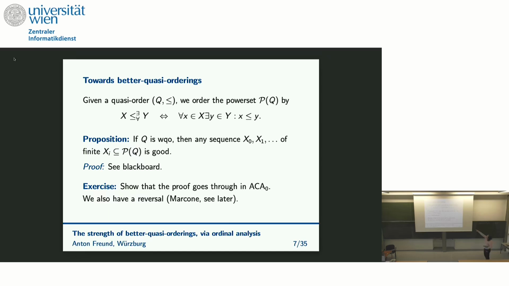And what you get is there exists an element of x0 which is not bounded by any element of x1, right? So for any of the x1, x2, and so on, you can pick some x0i in x0, which is not bounded by any of the elements from xi.